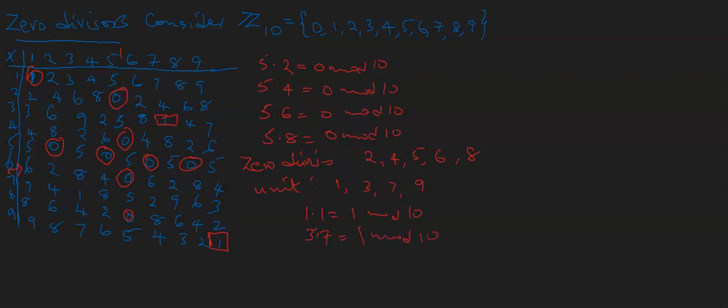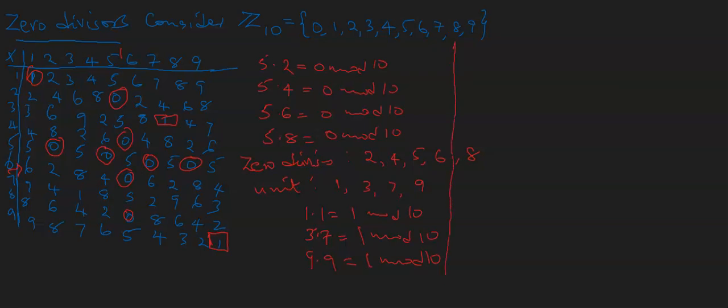In other words, 7 is the inverse of 3, or 3 is the inverse of 7. 9 by 9 is also 1 modulo 10. The inverse of 9 is itself.